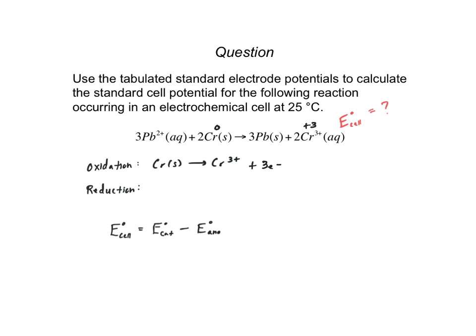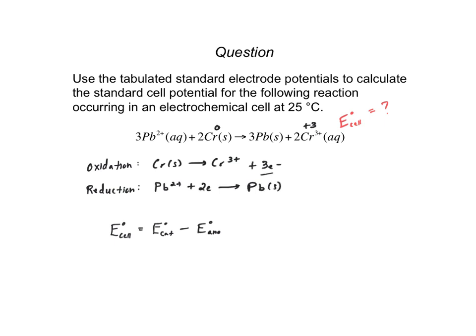That's important. There are multiple different oxidation states for chromium. They all have different potentials. So make sure you're noting that this is the couple that has chromium going to chromium 3+. For the reduction, who are we reducing? Lead. How many electrons is it gaining? 2. So 2 electrons going to Pb, solid.